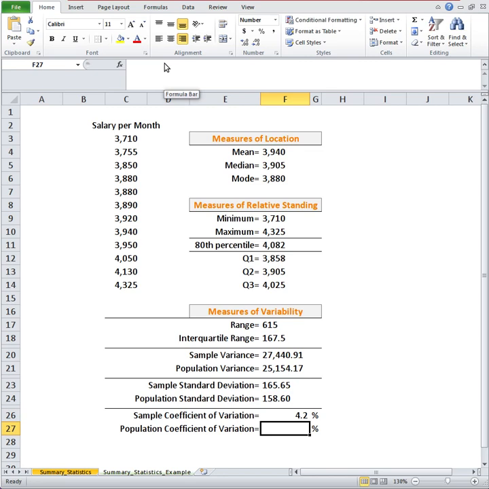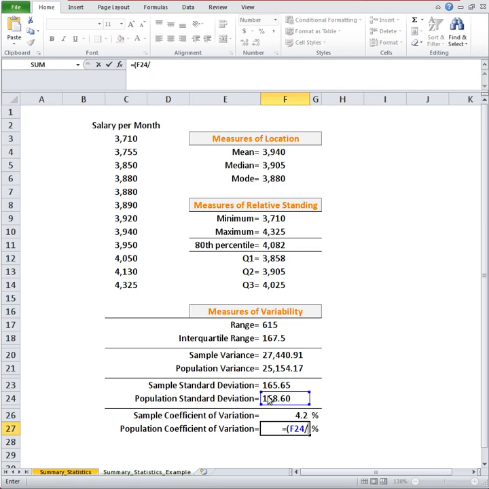And for the population coefficient of variation, we're going to use the same formula, but instead of using the sample standard deviation, we're going to use the population standard deviation. So again, I hit enter, I'm going to open parentheses, get the population standard deviation, which is F24. Then I'm going to divide by the population mean.